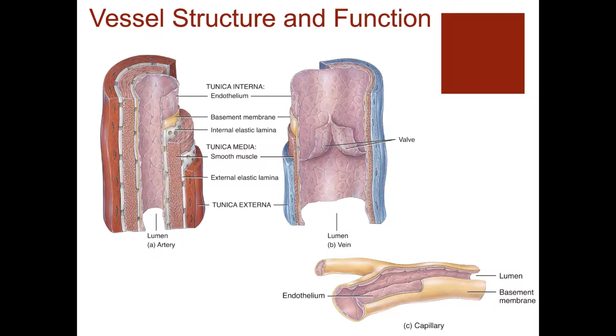Separating the tunica media from the tunica interna deeper to that is the internal elastic lamina, which is technically the superficial layer of the tunica interna. The tunica interna also consists of 2 additional structures, including the endothelium and basement membrane. The endothelium is principally comprised of simple squamous epithelium, which allows for the diffusion of gases more easily in certain areas of the body.